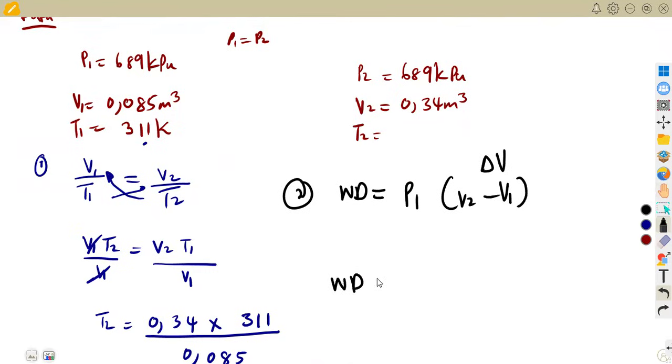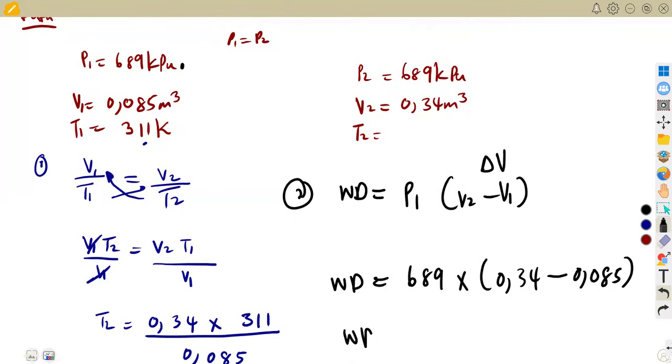So thus work done is equal to P1. We have the pressure, which is the same as P2, 689, times V2, 0.34 minus V1, which is 0.085. That was going to give us 175.695 kilojoules. Okay, so that is the idea there.